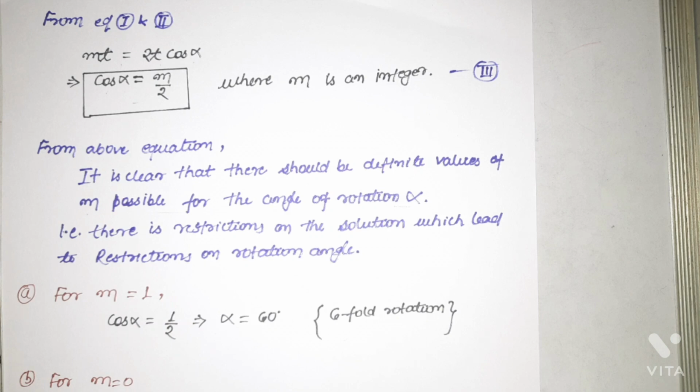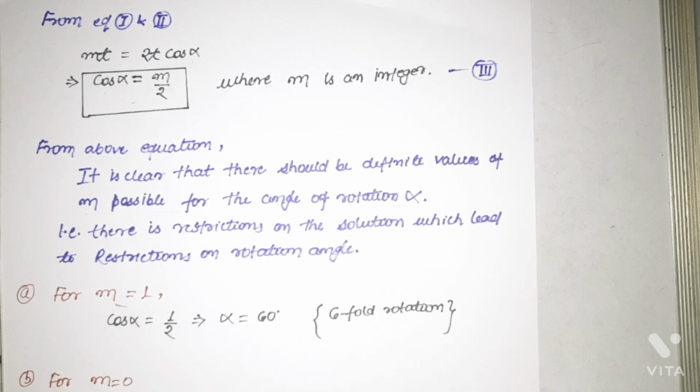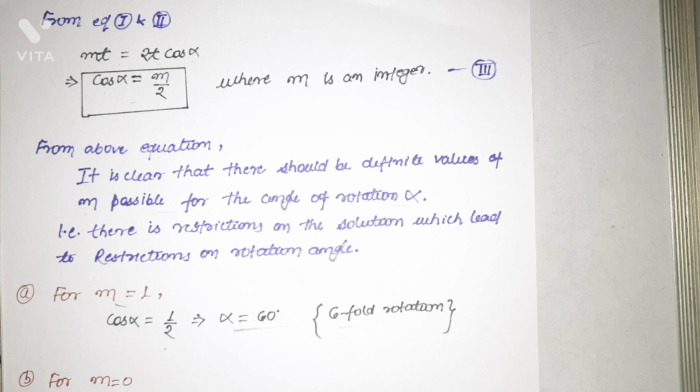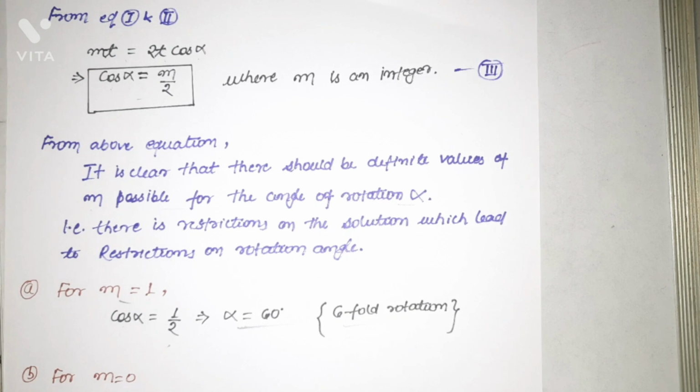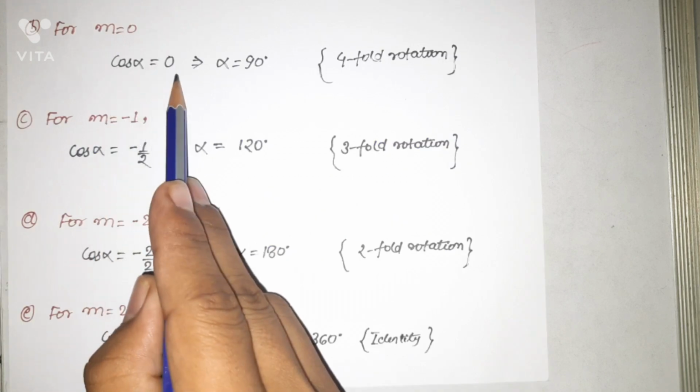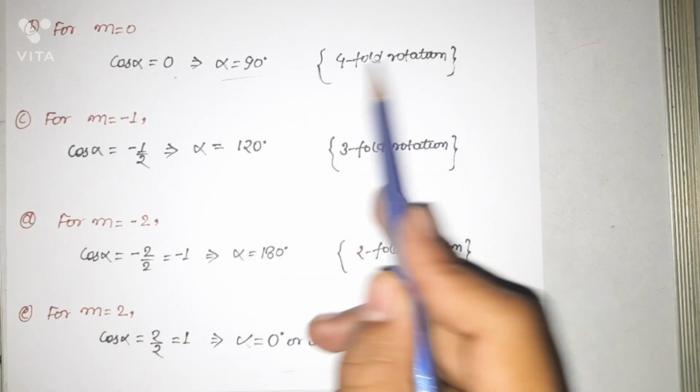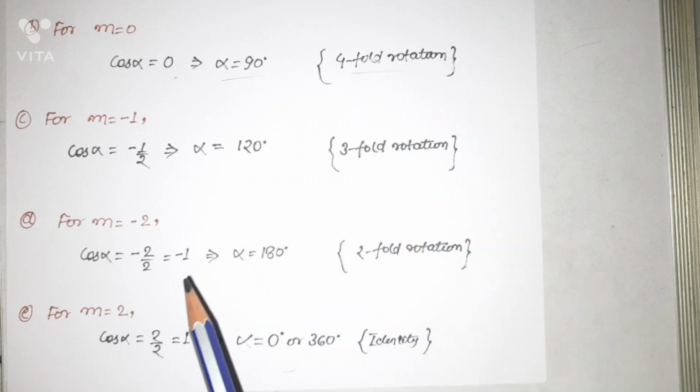Now for example, if we consider m is equal to 1, where 1 is an integer, cos alpha will become 1 upon 2, and from here alpha will equal 60 degrees, and if alpha is 60 degrees, this is a 6-fold rotation axis. Again, for m is equal to 0, cos alpha is equal to 0 and alpha is equal to 90 degrees, this leads to a 4-fold rotation axis.